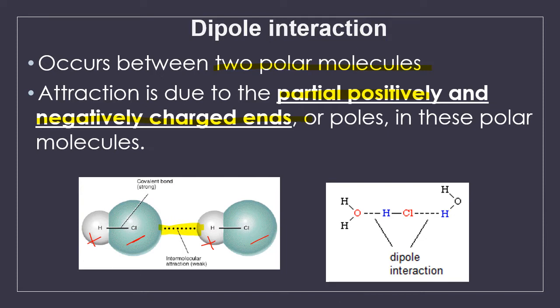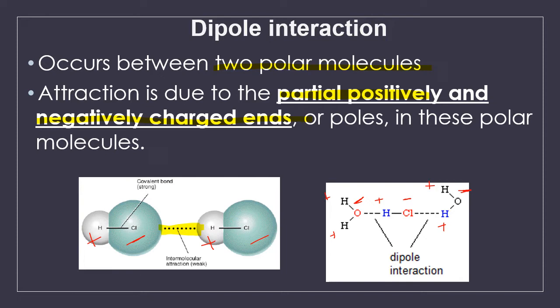And then on the right side, this molecule right here, we've got, what do we have over here? Oh, we've got water and HCl. Oops, I should have noticed that earlier. And the water, the oxygen is the partial negative. The hydrogens are the partial positive. And then in the HCl, the hydrogen's partially positive, the chlorine's partially negative.